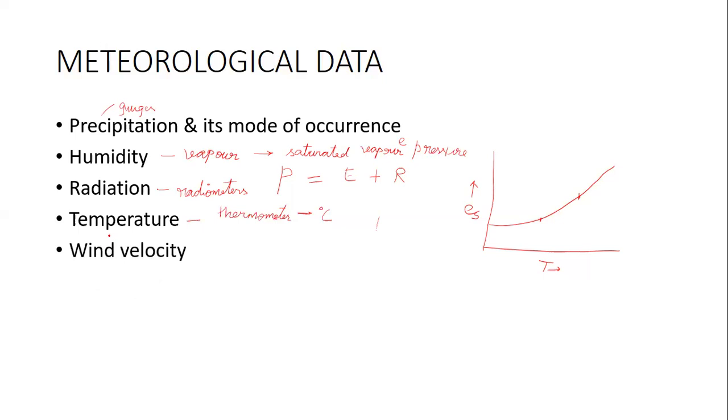And last but not the least is wind velocity. It is one of the major factors that affect the climate of a place. Most common people don't know how wind velocity can affect the climate of a place.